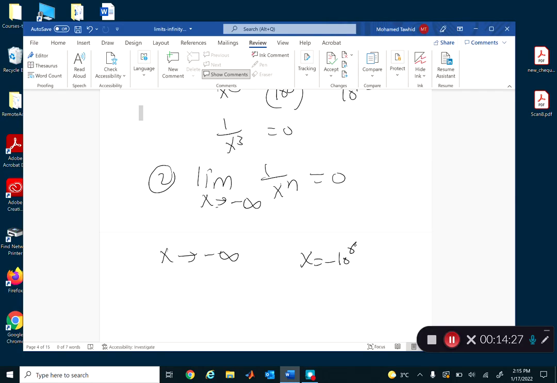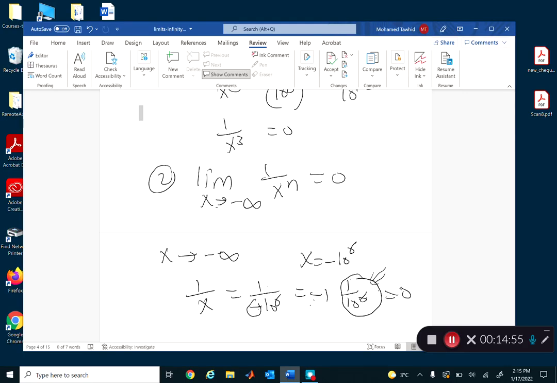If you have 1 over x, that is 1 over negative 1 million. You can use technology, you will get 0. But why is it 0? Because the negative sign is a negative 1, I can grab it out. And here you have 1 over 1 million. This term, if I use technology, is 0. 0 multiplied by any number, you get 0.